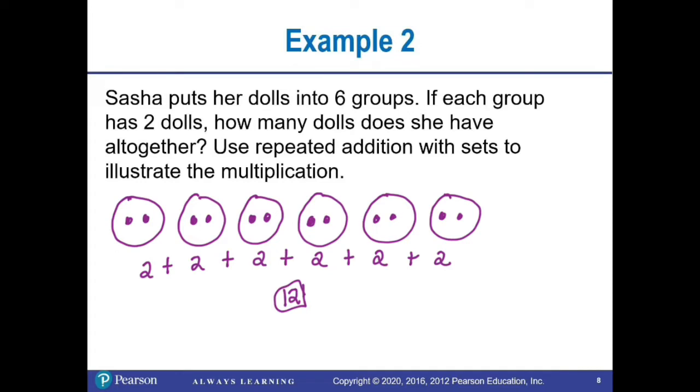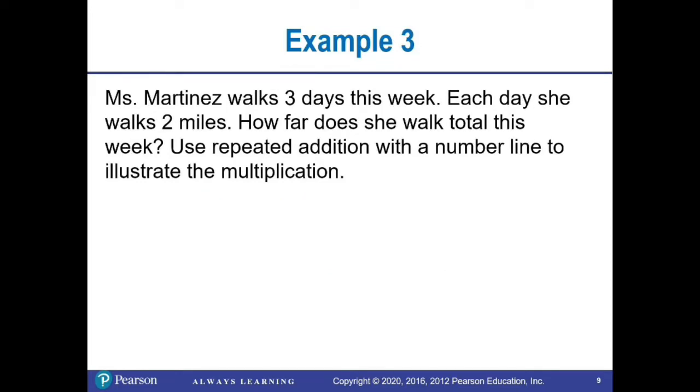We can also use repeated addition with number lines. Mrs. Martinez walks 3 days this week, and every day she walks 2 miles. We want to know how far does she walk altogether this week. Notice our directions ask us to use the number line with repeated addition.